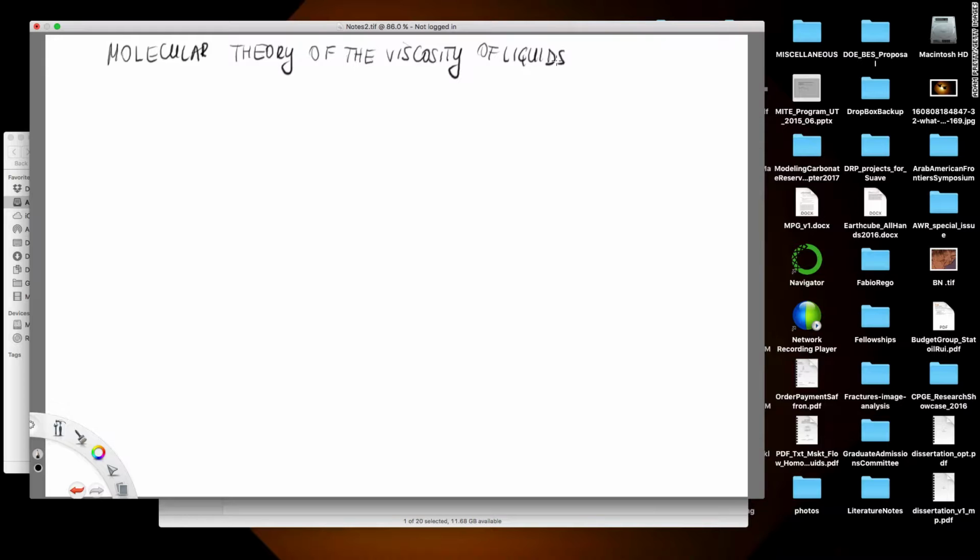I'm first going to draw this potential cage. These are my idealized molecules. And this here is what I'm calling a vacant spot.